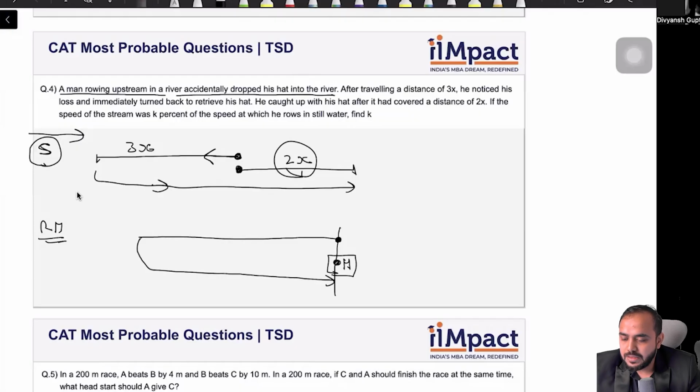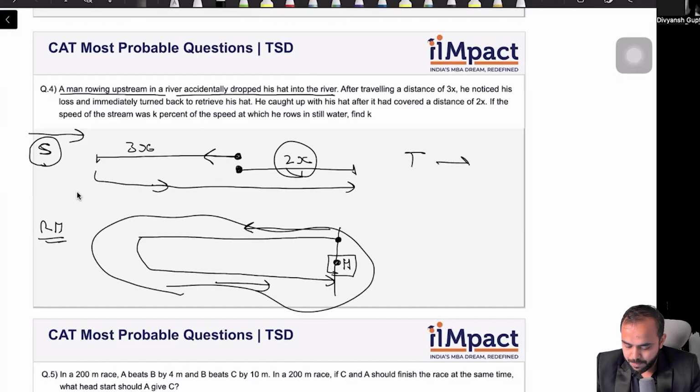Now, because in this particular frame, relative to the water, the speed of the person is going to be same in this direction also and in this direction also, which means if the total time for this journey is t, the person would have done his leftward journey in t by 2 times.